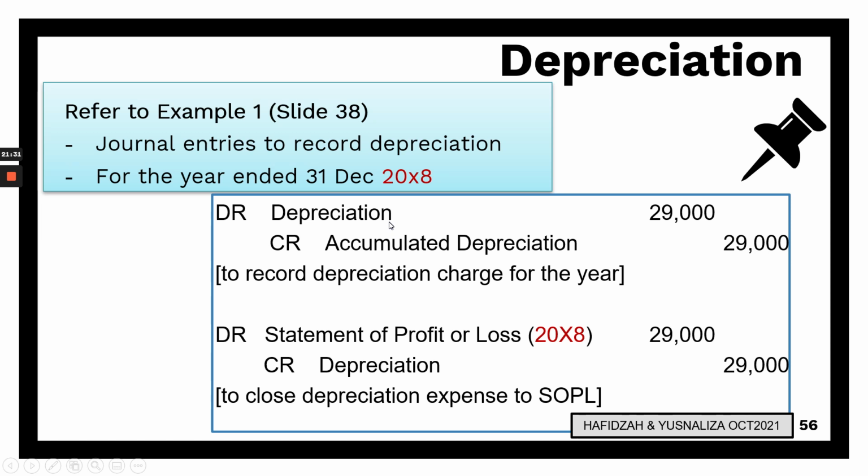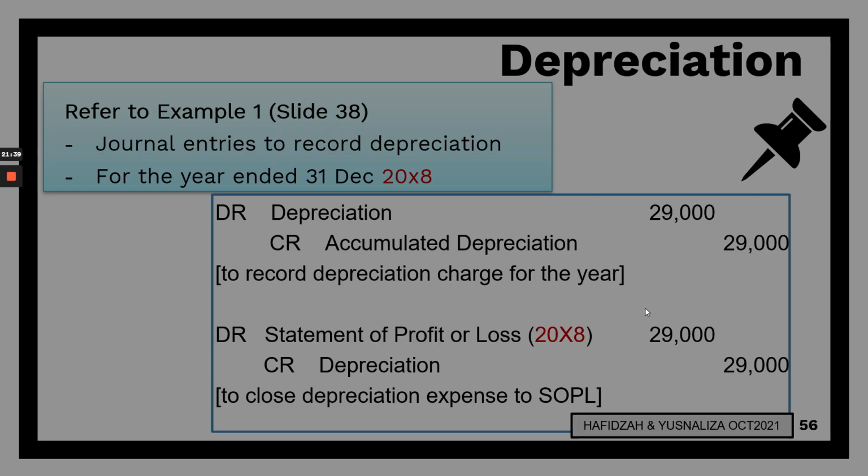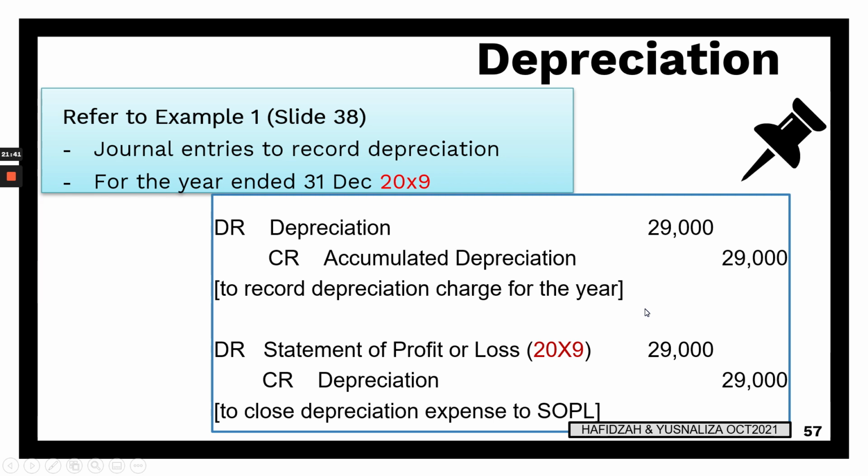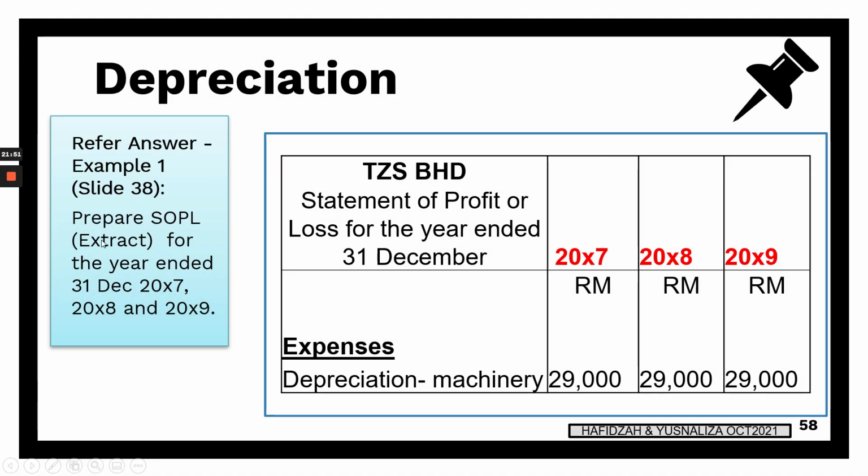The second year, 2000x8, you can see the same charge for 2000x8. And now we go to 2000x9, also the same. So every year is the same because of the straight line method. Next is the presentation. This is the presentation for 3 years. You can see depreciation are the same.